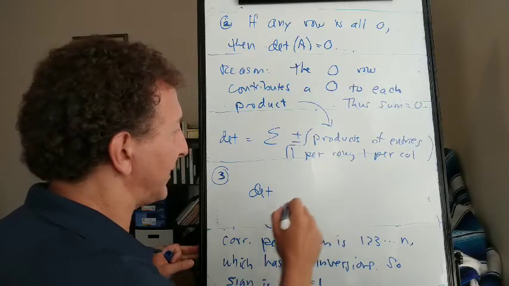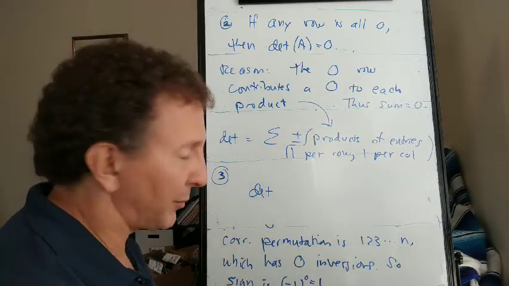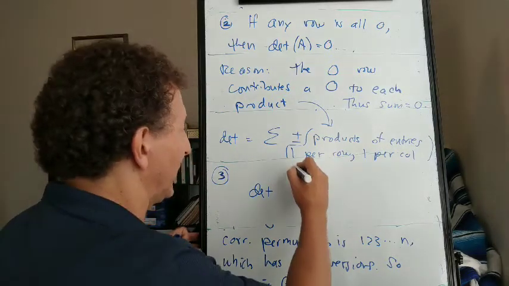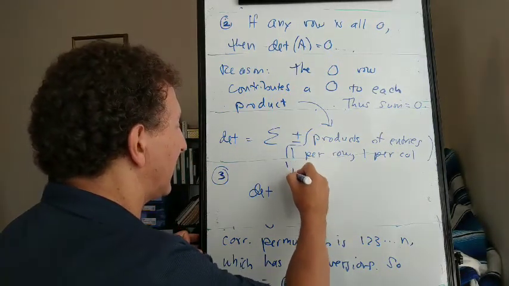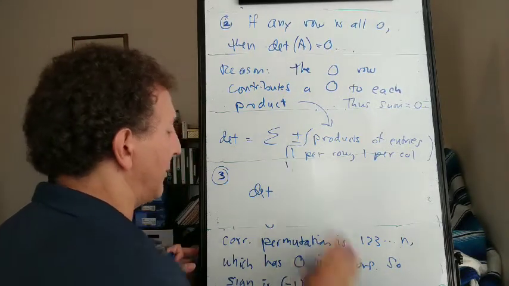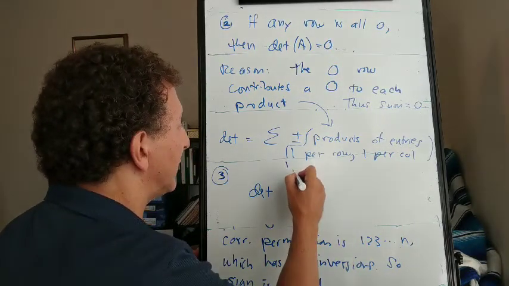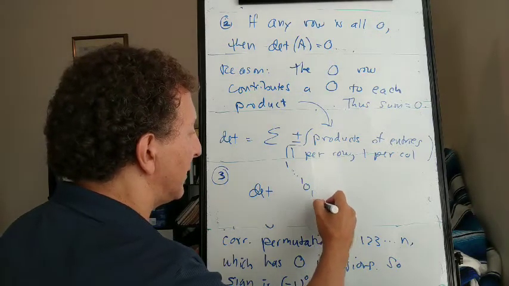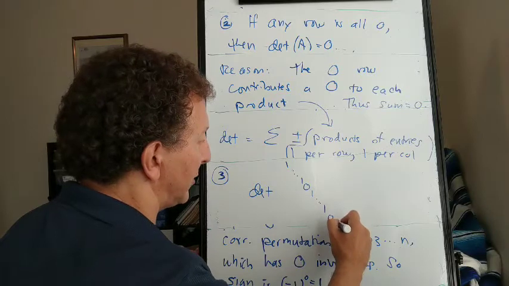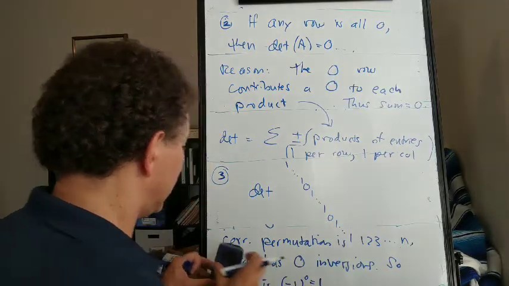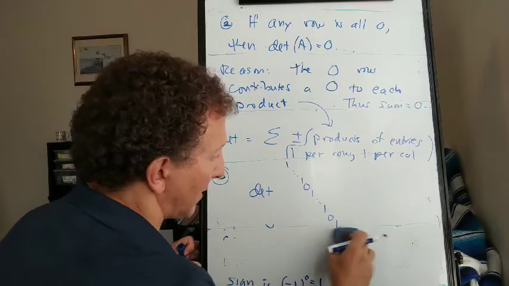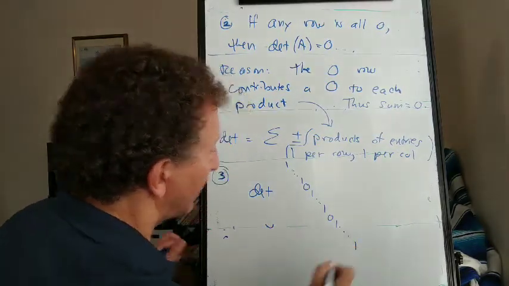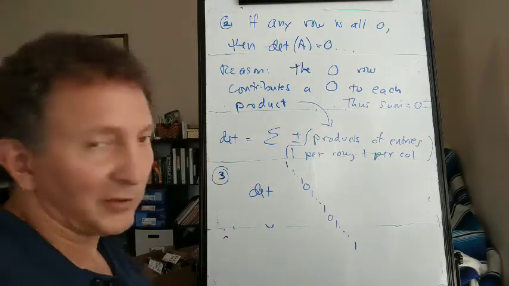If we have a matrix that has exactly one 1 per row and one 1 per column, then the determinant's going to be plus or minus 1. Let's look at a special case. Let's look at a matrix that's got 1s on the diagonal, and then a 0, and then ones, and then a 0, and then ones. So there's two places on the diagonal where there's a 0 instead of a 1.